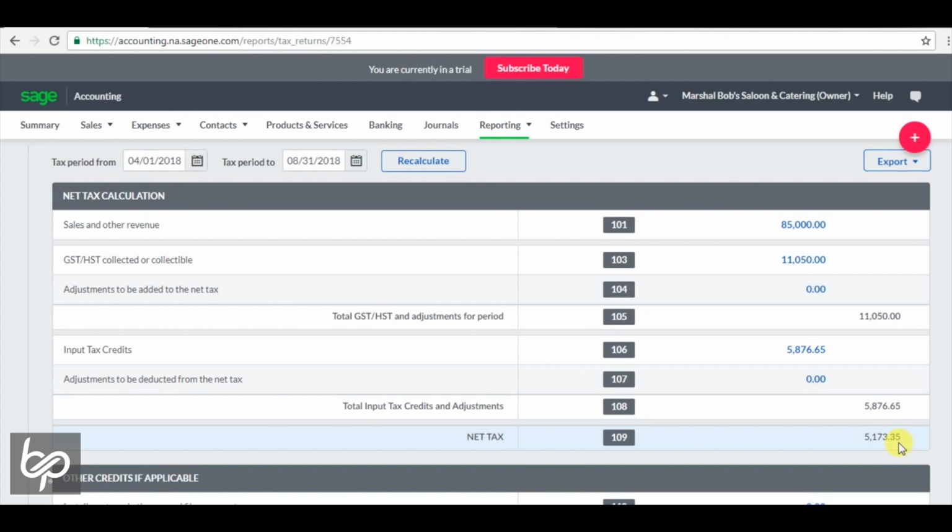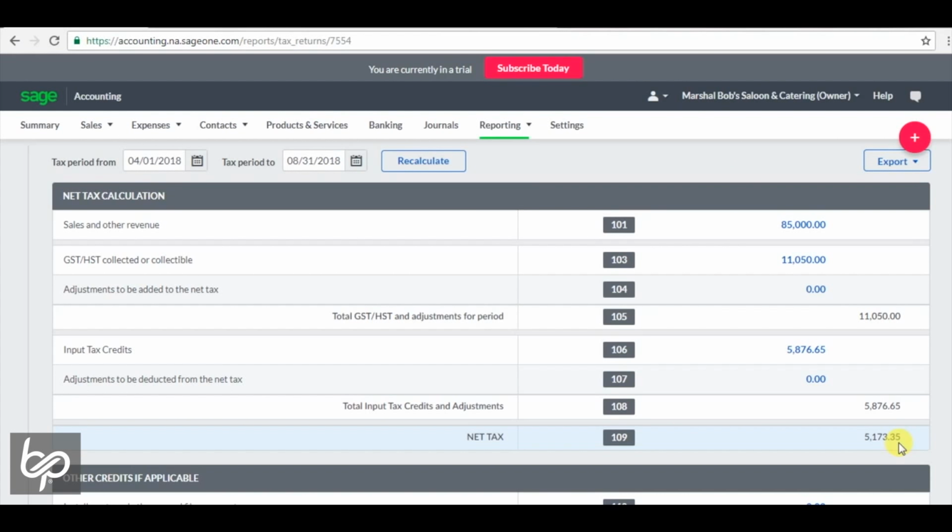In periods where you are doing more sales than you are purchases, then you are remitting Canadian dollars to the government as a result of doing business on trade. But conversely, in the periods where you are utilizing more trade than you are taking on, then you are actually reducing the net tax you have to pay.